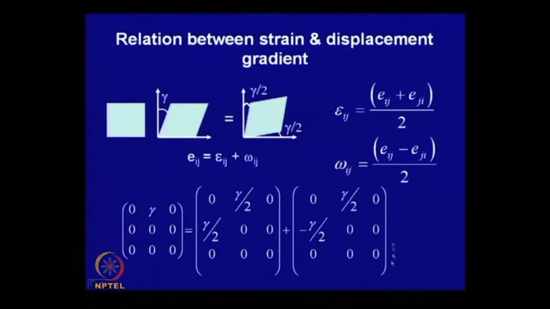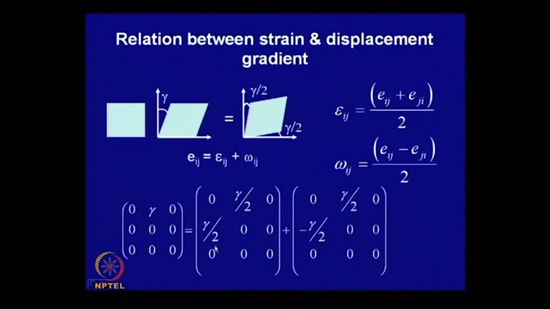So, in any 3 by 3 matrix, where the off-diagonal elements, if one is the negative of the other, this represents a rigid body rotation, as if it is a rotation matrix. So, this does not contribute to strain, it is like a simple rigid body rotation, whereas this generates strain.